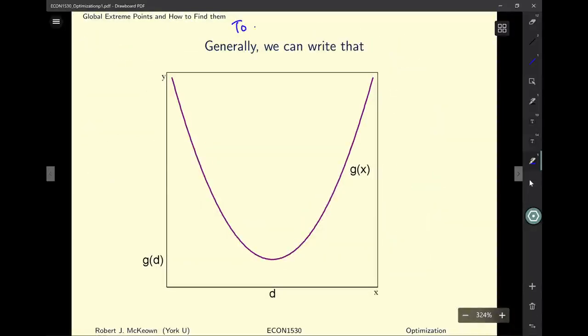Now, to define a minimum, we can write that, suppose we have the value d, and that d is in the domain.